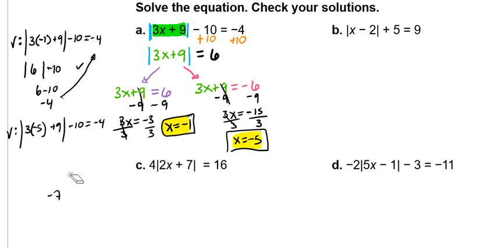Now if we do that, we're going to see the absolute value of 6 minus 10. The absolute value of 6 is 6, and 6 minus 10 is -4, and now they match, meaning our answers are x equals -1 and x equals -5.